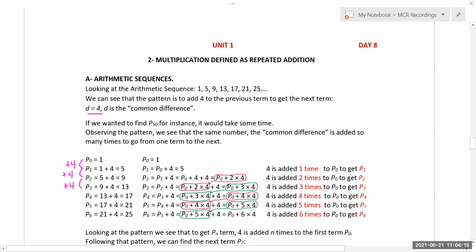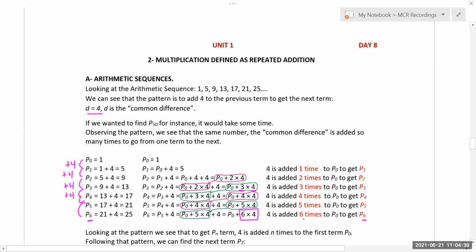So P3 is actually 3 times 4 because I'm adding it 3 times. Then I'm adding it 4 times on P4. 1, 2, 3, 4. So 4 times 4. So if it's P6, I've added the 4 6 times, giving me 6 times 4.